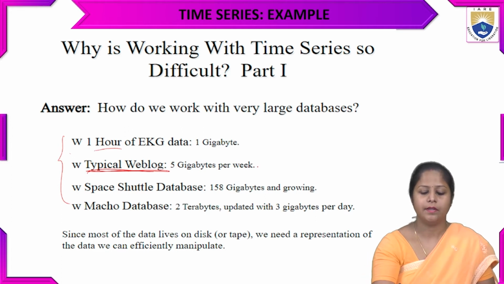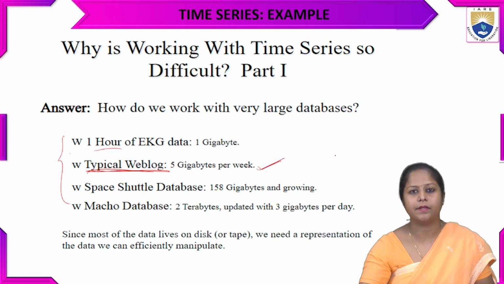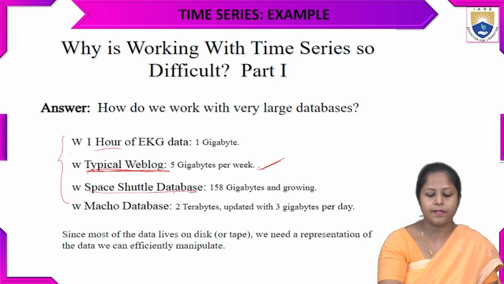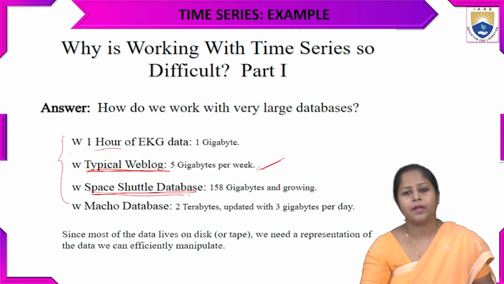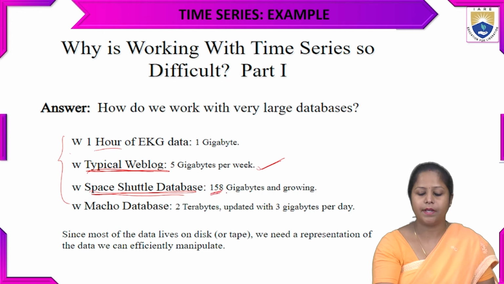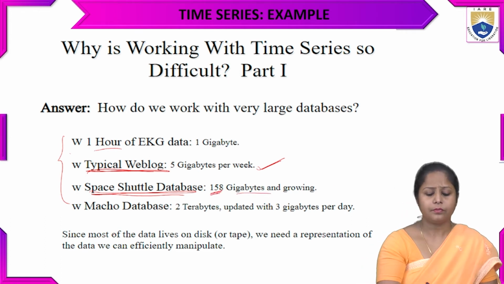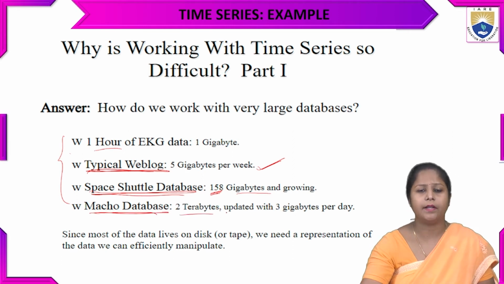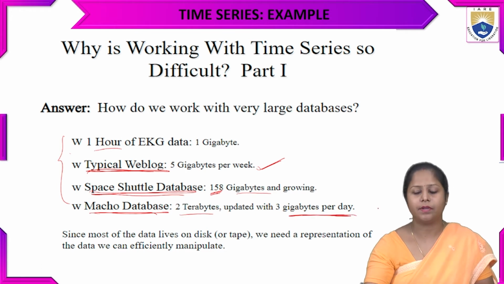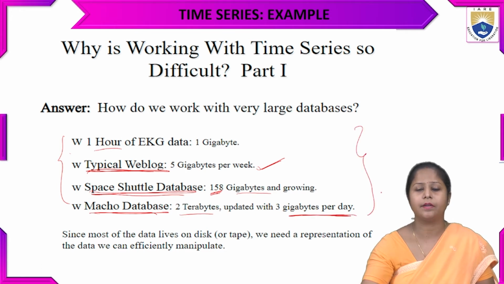A space shuttle database is 158 gigabytes and growing and growing. A mature database has 2 terabytes and is updated with 3 gigabytes per day. So these are large data sets where the database keeps increasing and increasing.